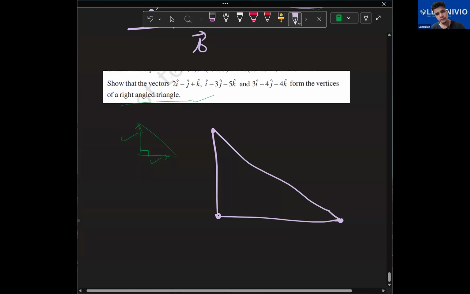I found all the vectors like AB vector, BC vector, and CA vector. Okay. And then I multiplied, and then one was zero, which means that they're perpendicular. ठीक है, all right. Okay, Ali, how did you solve? Same method, sir.